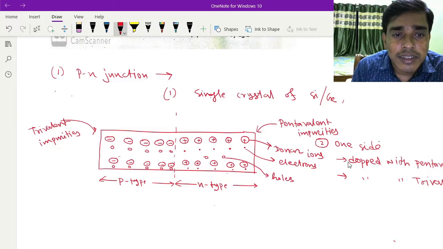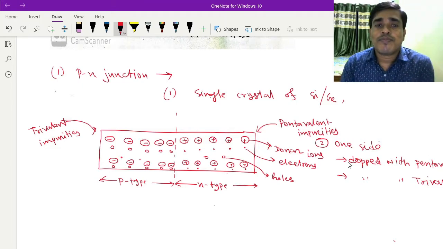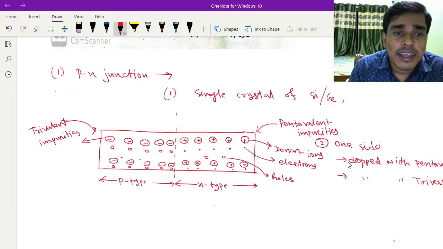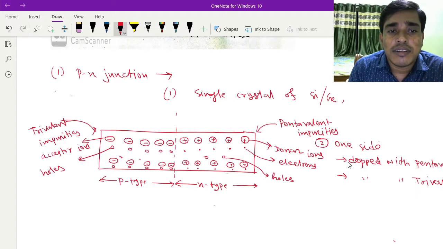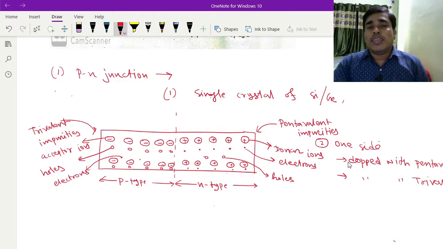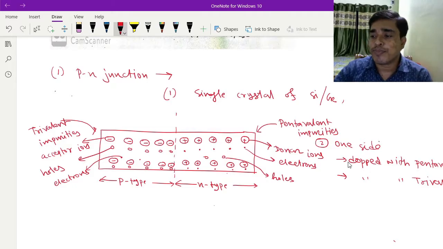There are also some minority carrier electrons. So this is acceptor ions, this is holes, and this is electrons. In this way you can construct a p-n junction.